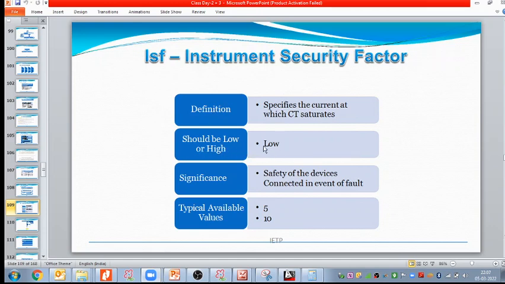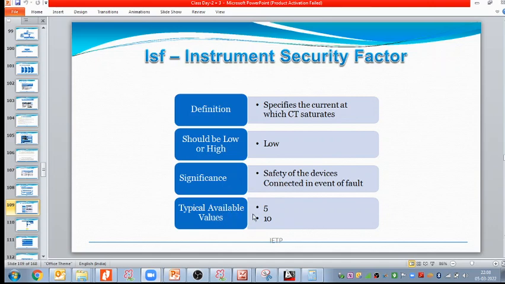Yes, it should be low, correct, because if it is high, then a high amount of fault current will go to the CT secondary side, and that is not required. Significance: safety of the devices connected at the CT secondary side in the event of the fault.